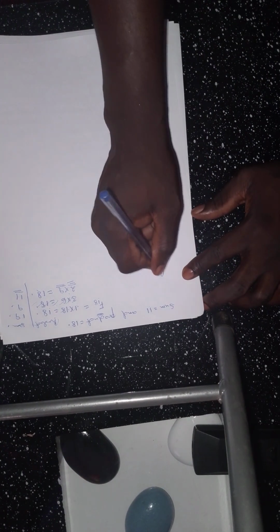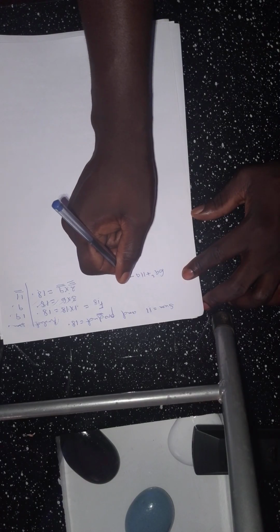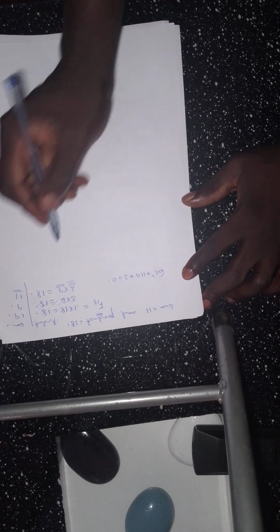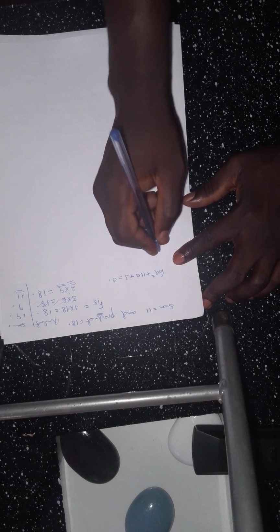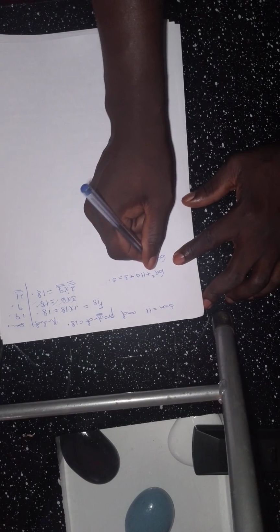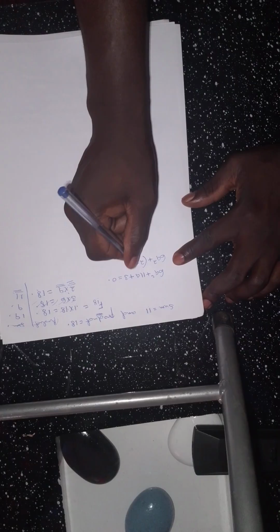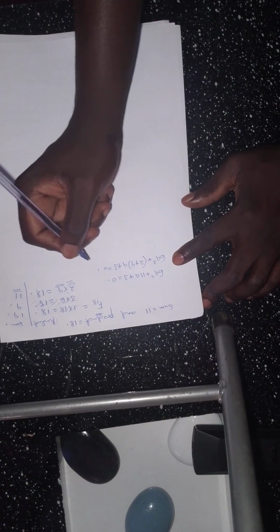So our equation was 6a squared plus 11a plus 3 is equal to 0. Now where there is 11a, you remove it and you put a 2 plus 9. So we shall have 6a squared plus, instead of this 11, you put a 2 plus a 9, a plus 3 is equal to 0.